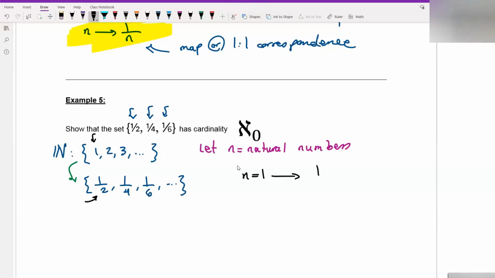So here is 1 over 2. Here is 1 over 4. Here is 1 over 6.